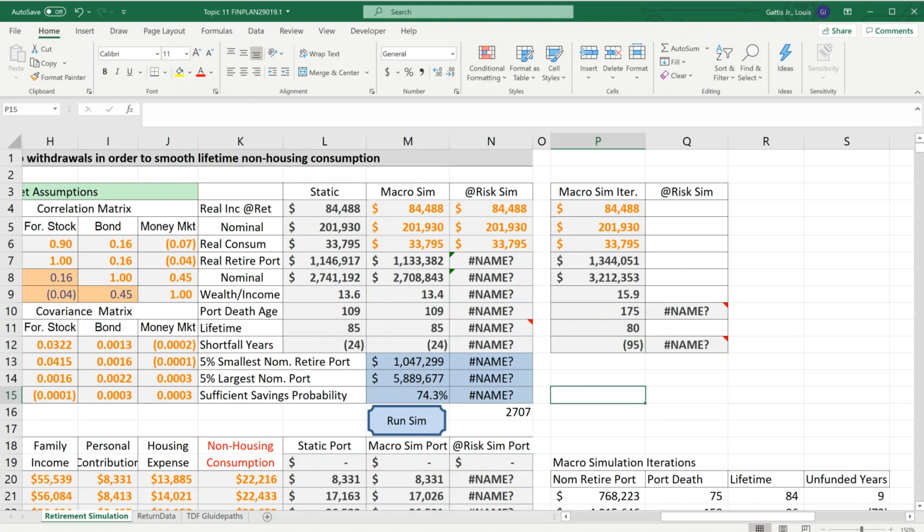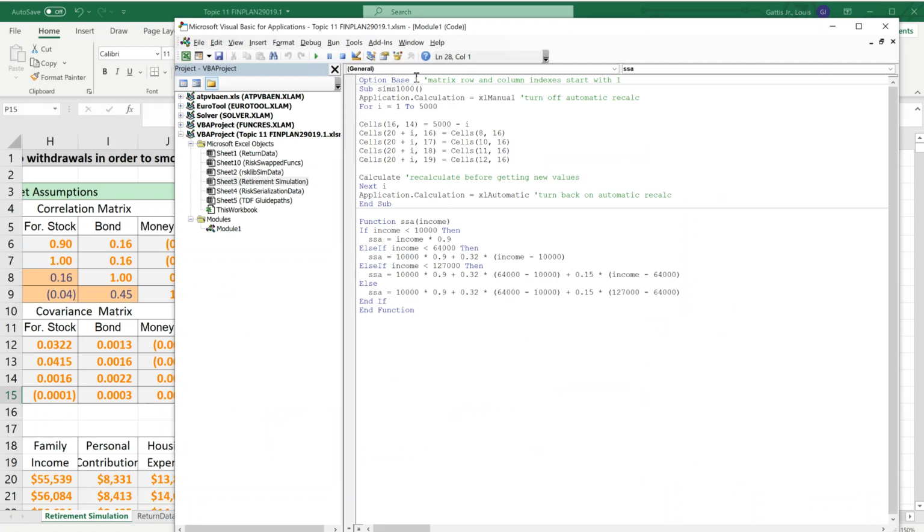So how you do that is you click on Run Simulation. What it's actually running, I'll hit Alt F11. It's running this little macro that does the recalc, hits the F9 for you. It turns off automatic recalc and does the F9 for you down here. And then this cell, 16.4, it's the 16th row, 14th column.